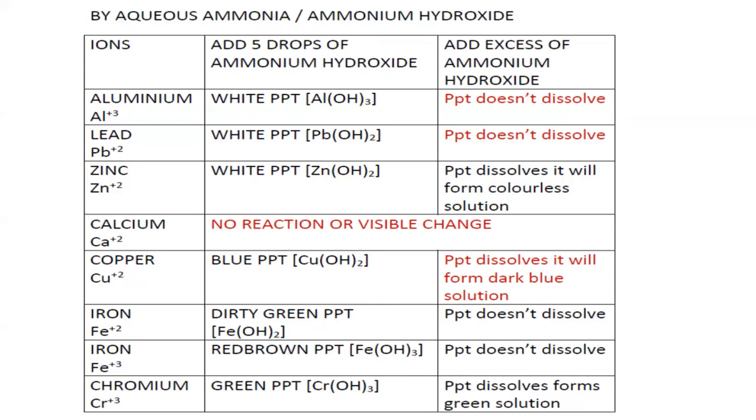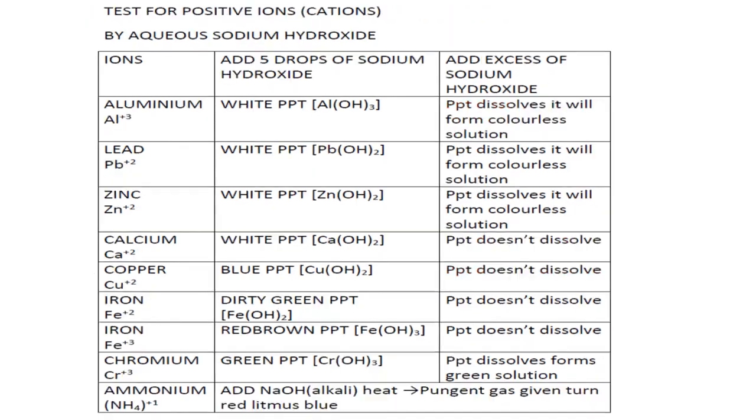With copper, when we add aqueous ammonia, it will be a blue precipitate which dissolves in excess to give a deep blue or royal blue or inky blue solution. With iron 2, a dirty green precipitate does not dissolve, iron 3, reddish brown does not dissolve, and chromium is a green precipitate that dissolves to form a green solution.